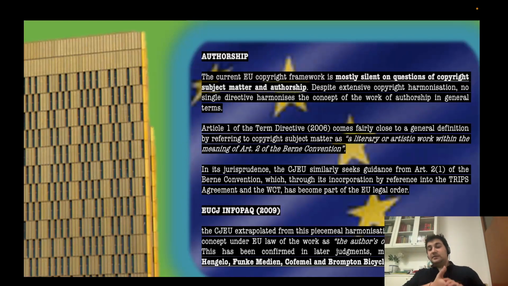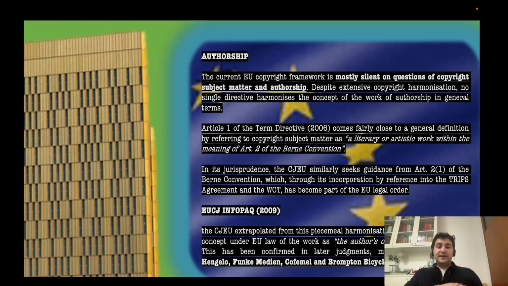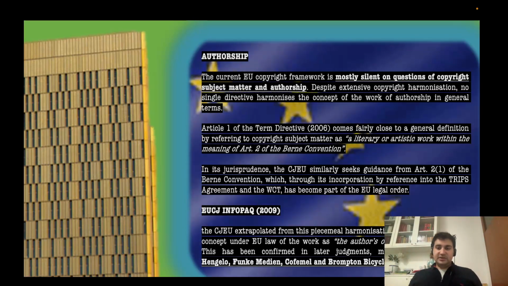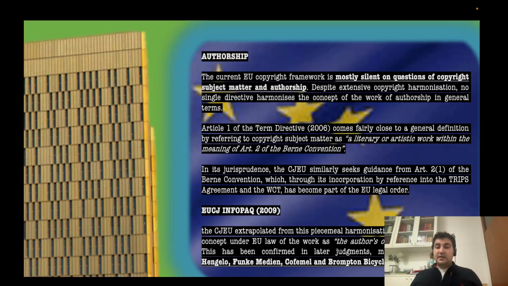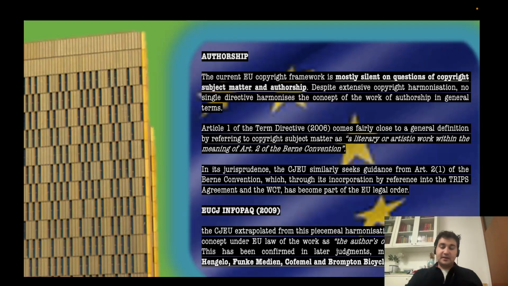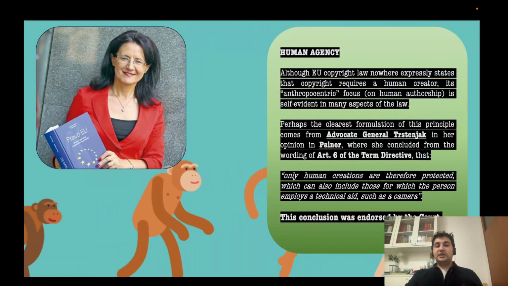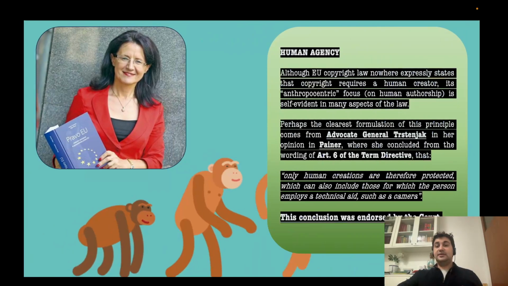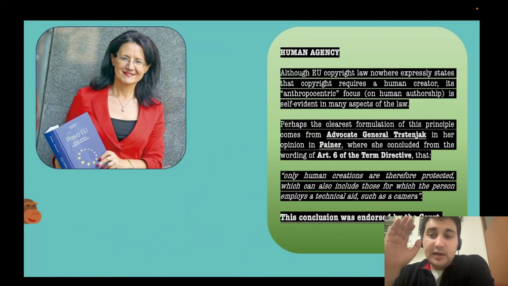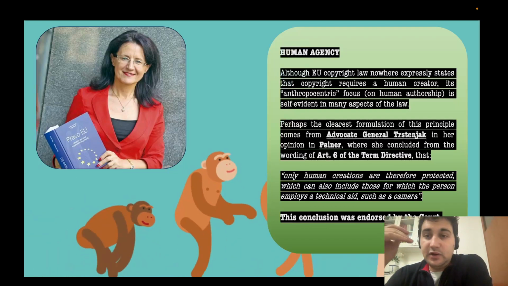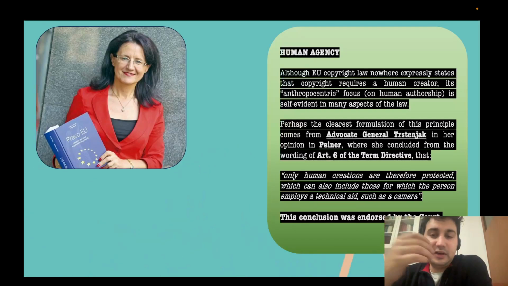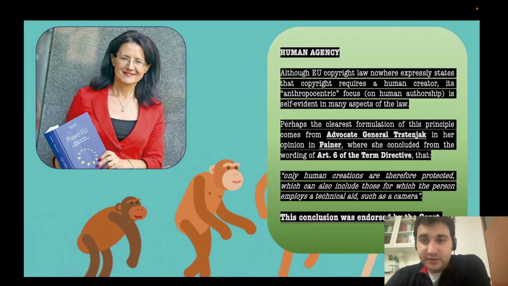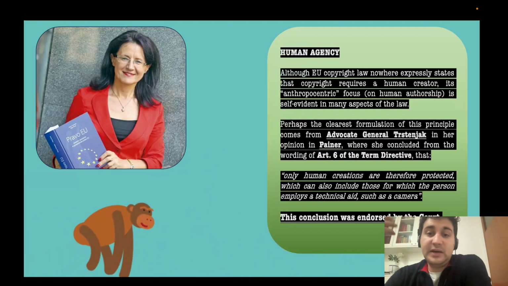Here the authorship had been defined as an intellectual creation and had been confirmed in later judgments like Levola Hengelo, Funke Medien, Cofemel and Brompton Bicycle. Now, an important question is the one that was seen before in the US, the human agency. Although EU copyright law nowhere states that copyright requires a human creator, it has an anthropocentric focus, especially related to human authorship.